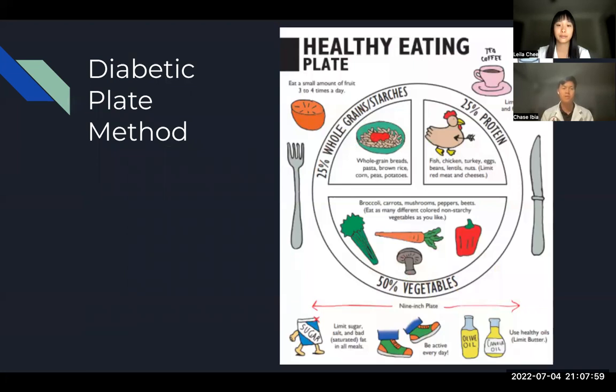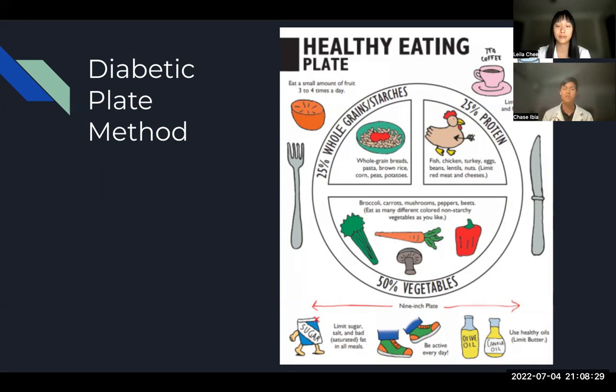So this brings me to something called the diabetic plate method, which is just a way for someone to manage the amount of calories that they're intaking as well as the food that they're eating. So on a 9-inch plate, 50% of the plate should consist of vegetables, and generally the more colorful, the better. 1/4 should be whole grains and starches, and the other 1/4 should be lean protein, such as turkey, chicken, or fish.